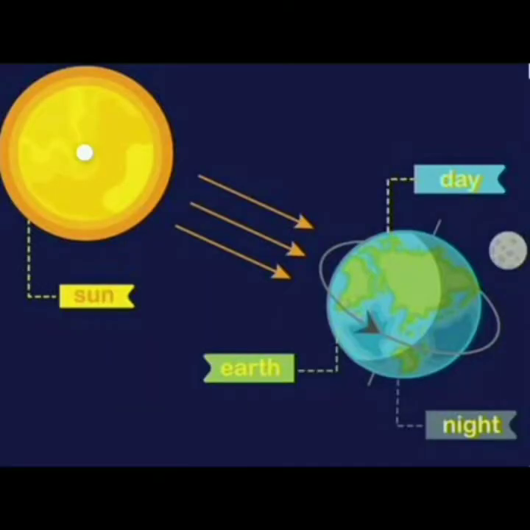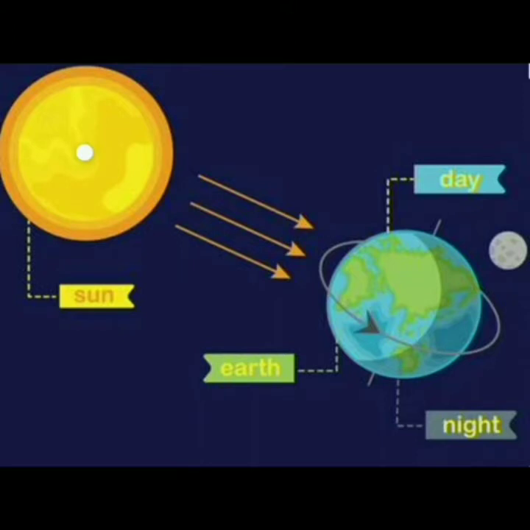Next, rotation causes day and night. The Earth rotates on its tilted axis, which causes day and night. Now let us see how it happens and in what way it is done.